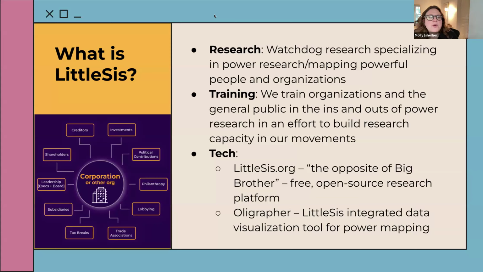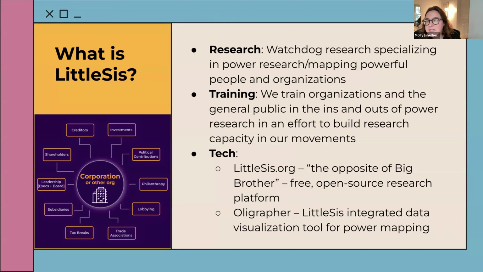I think a lot of people who are on tonight have been to other trainings in the series that we've been doing. But just in case you're new to Research Tools for Organizers or to Little Sis, a little bit about us. We are a watchdog research organization that specializes in power research and mapping powerful people and organizations in partnership with social movement groups.